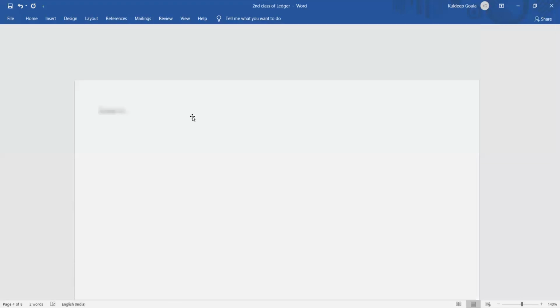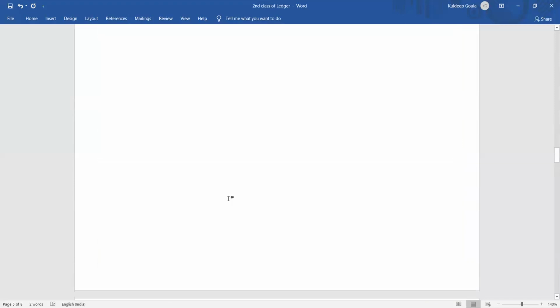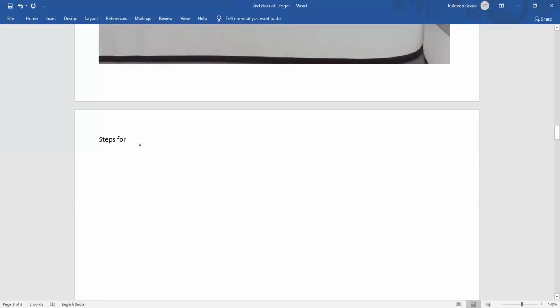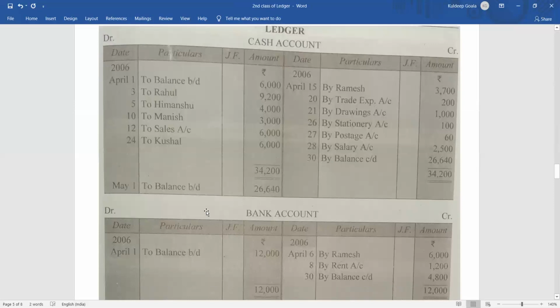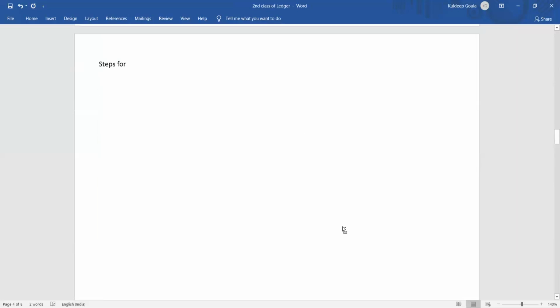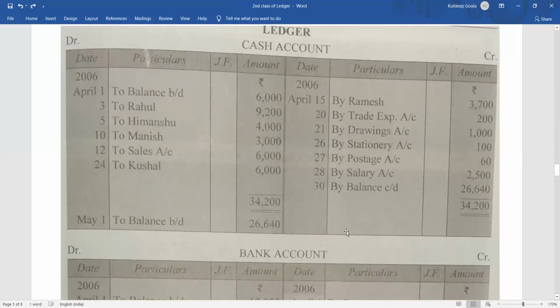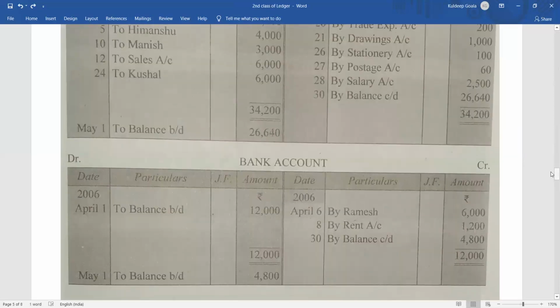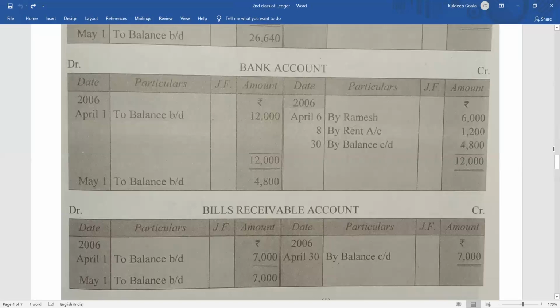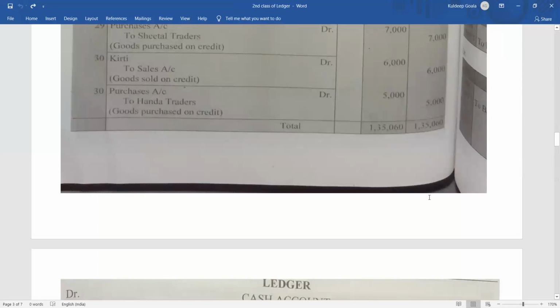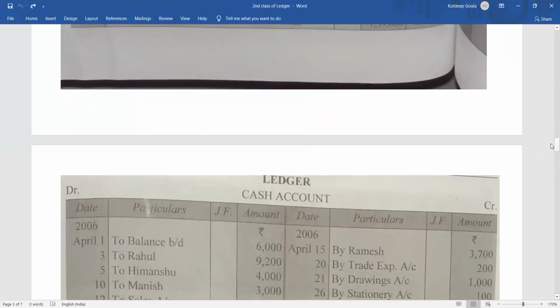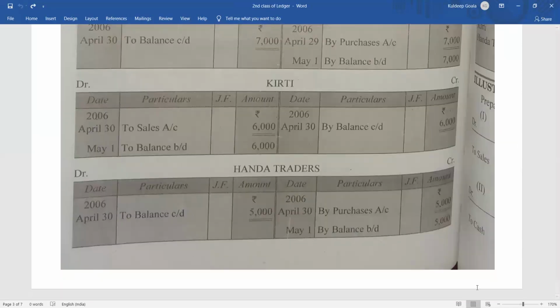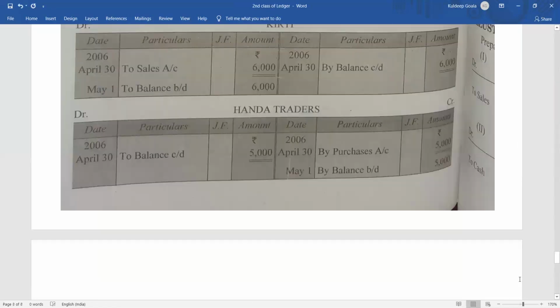Okay, I'll just write it down at the end of the ledger accounts. I'm just mentioning here. Steps for ledger balancing.